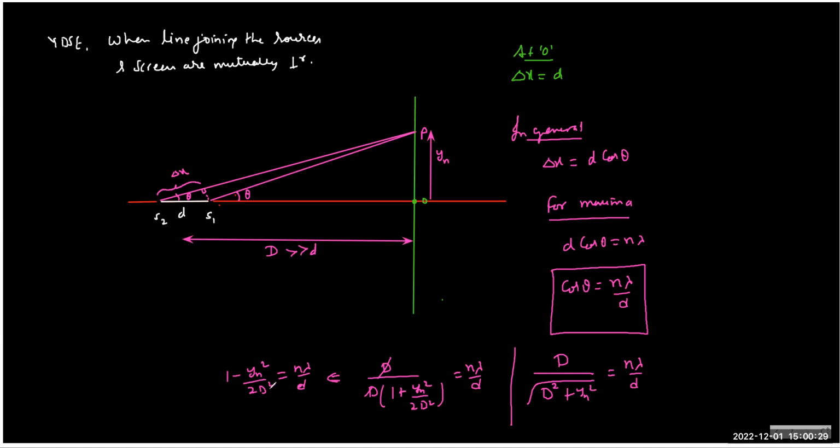All right. So you can solve from here. This is the better way of solving the question, whether we need to use approximation or not, depending on what is given in the question. So accordingly, apply it and get the answer. So the maxima, minima, you can keep on writing. The only thing is how to write the path difference. We have seen this.